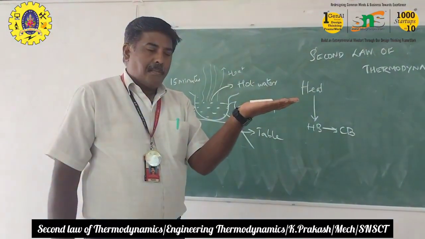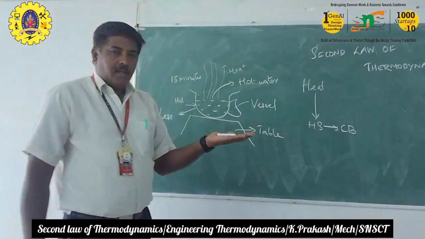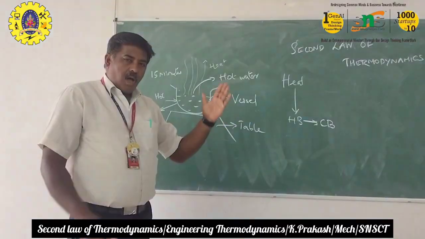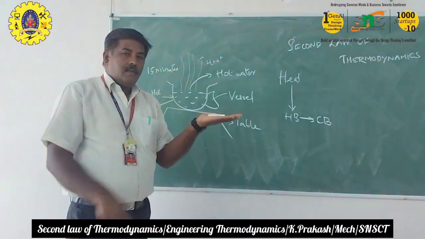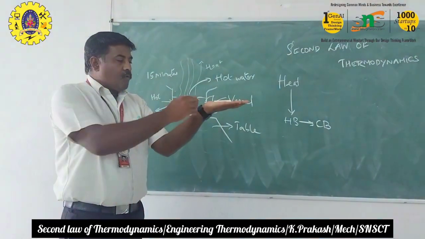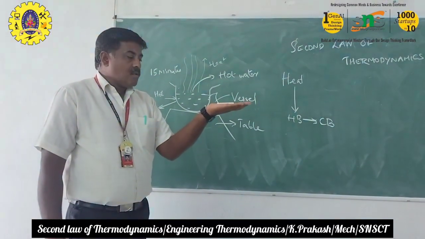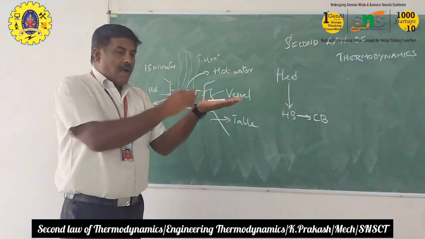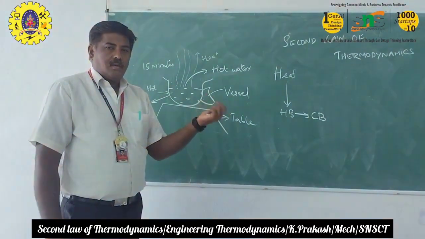After a few minutes the solid ice becomes water. So why is this happening? Because our hand is a hot body and this ice cube is a cold body. So without any work or any movements, heat flows from the hot body to the cold body. Based on this concept, the ice absorbs the heat and melts into water.